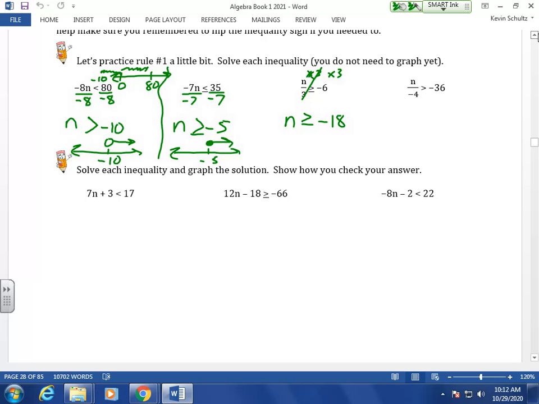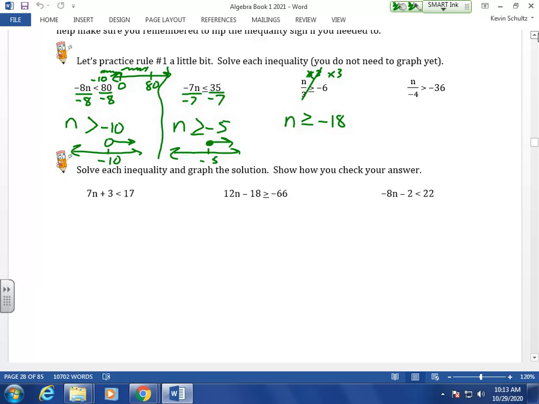We are multiplying negative 6 by 3. 3 is positive. The sign of our solution side didn't change, so the inequality symbol doesn't change. Some folks think, you've got a negative number involved, therefore it's got to switch. Not necessarily. It's what you are multiplying or dividing by. And we are multiplying by positive 3.